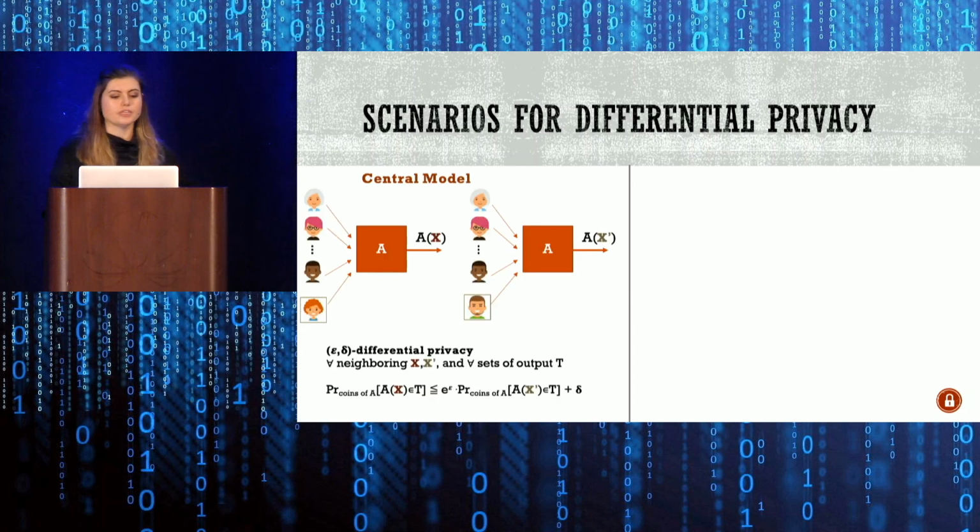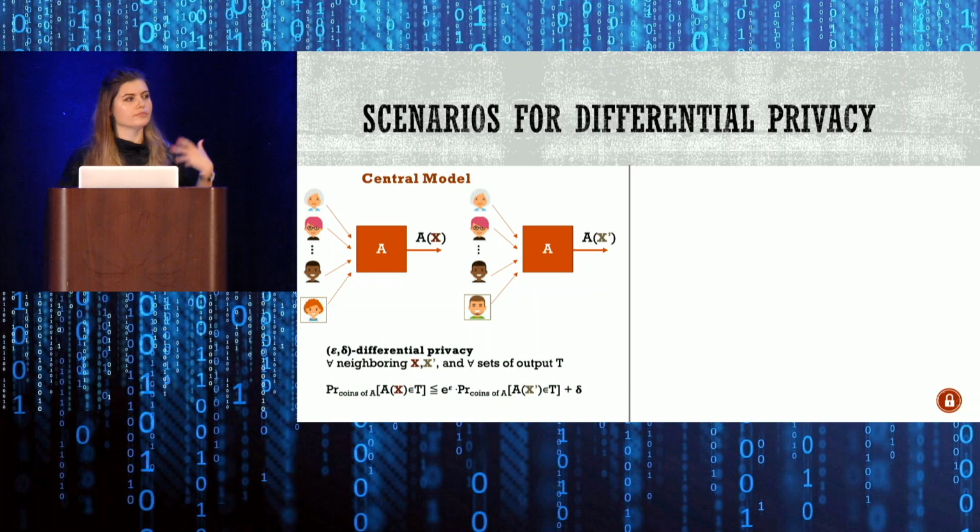One of them is called the central model, which assumes that we have a trusted aggregator that has access to all the private inputs coming from the individual contributors. And this trusted aggregator computes aggregated functions and releases them. And the goal is to argue that the output of the aggregated functions does not reveal individual data.